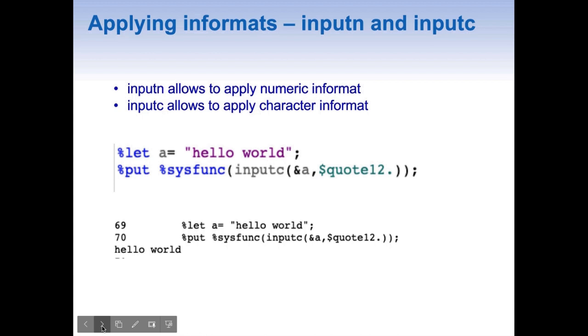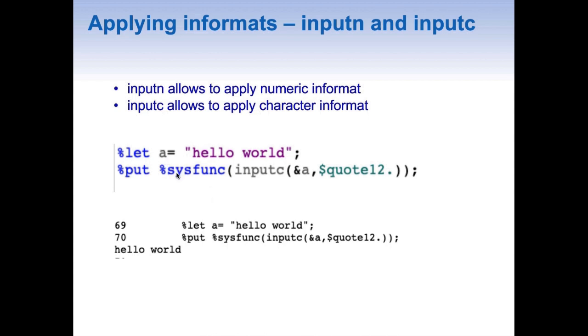Inputc allows us to apply character informat. In here I have macro variable %let a equal to quotes hello world and quotes close semicolon. And what here I am doing is I am doing a %put, and here I am using %sysfunc, followed by it I am using inputc and applying a character informat, and in here I am saying $12 dot, and my first argument is the macro variable a.